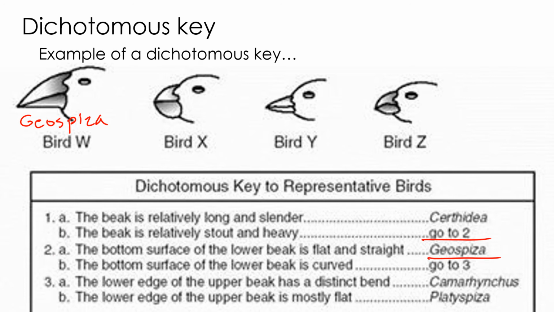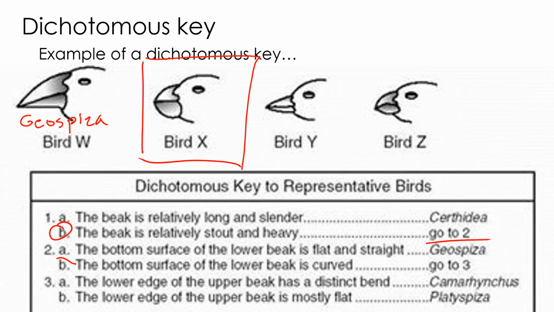Now, I'm going to do bird X. And I have to start back at 1. Bird X, the beak is relatively long and slender or relatively stout and heavy. I would say it is stout and heavy, so it is going to be going to 2. The bottom surface of the beak is flat and straight, or the bottom surface of the beak is curved.